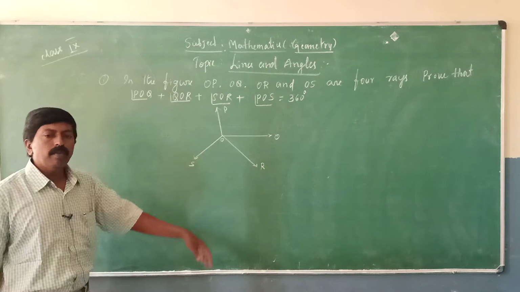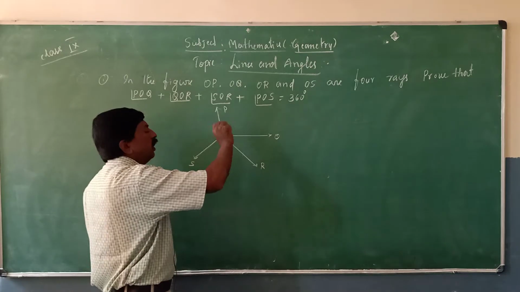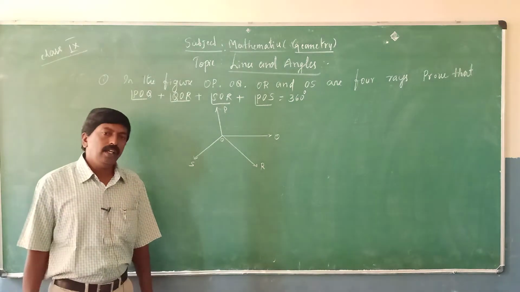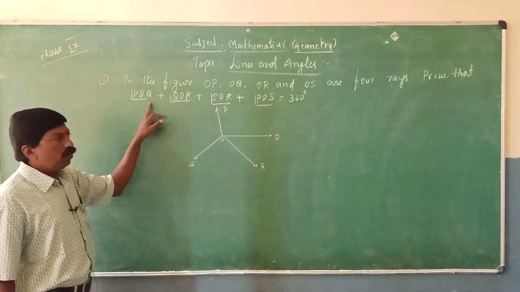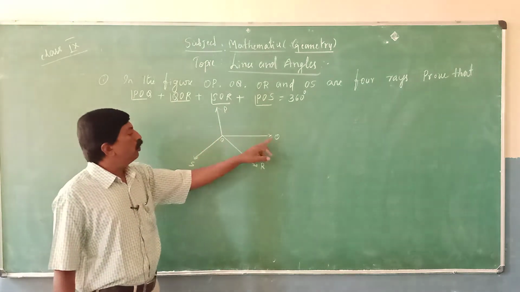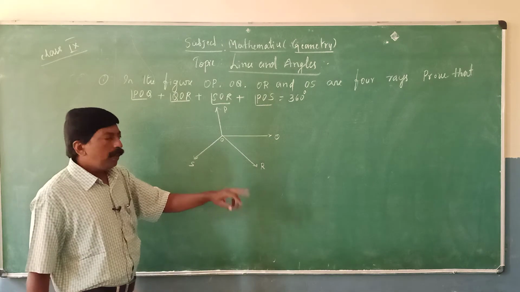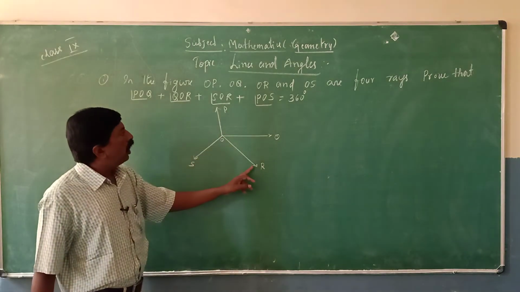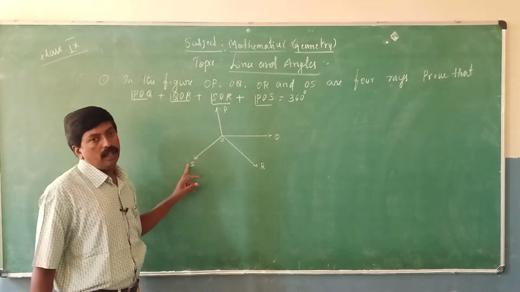So four rays have the same common point. Usually we know that the interior angle of a circle is 360 degrees, but here we have to prove that POQ plus QOR plus SOR plus POS is 360 degrees.